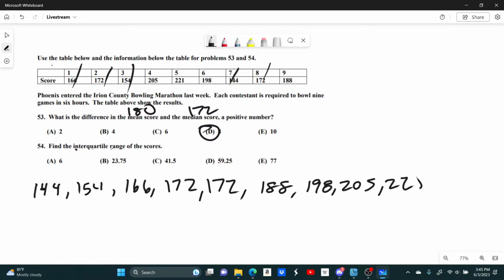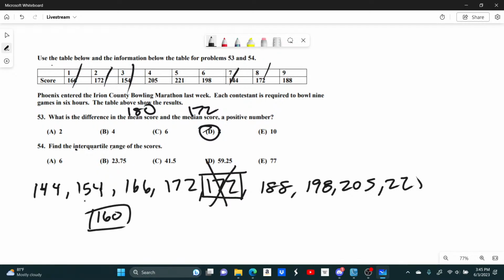Now we want to find the interquartile range of the scores. So when this happens, pretty much you ignore the median. So you're not counting that anymore. Basically, you're finding the median of the left and you're finding the median of the right. And so you have an even number on both sides. So from 154 to 166, halfway between those is 160.